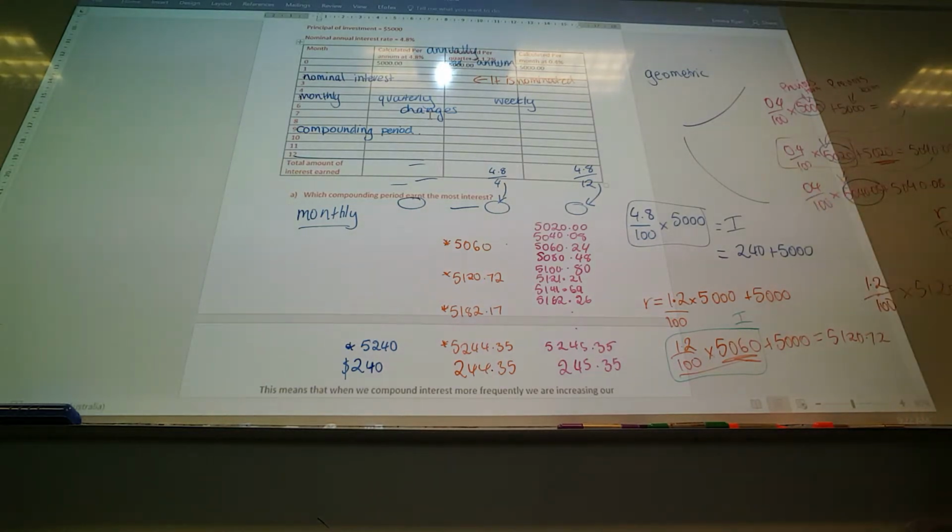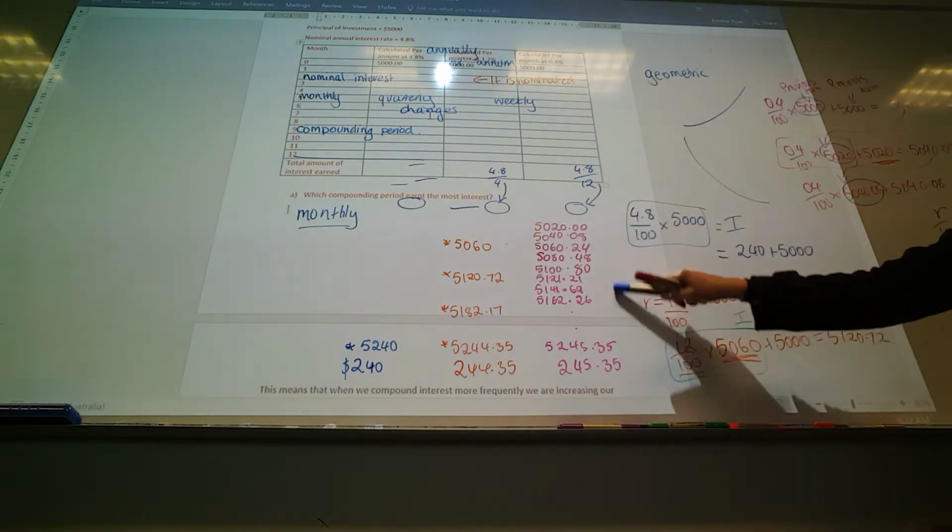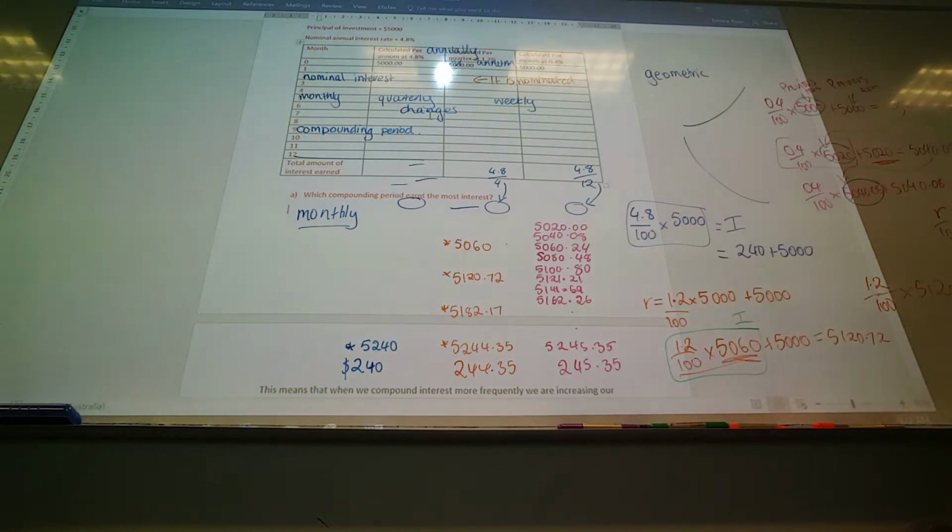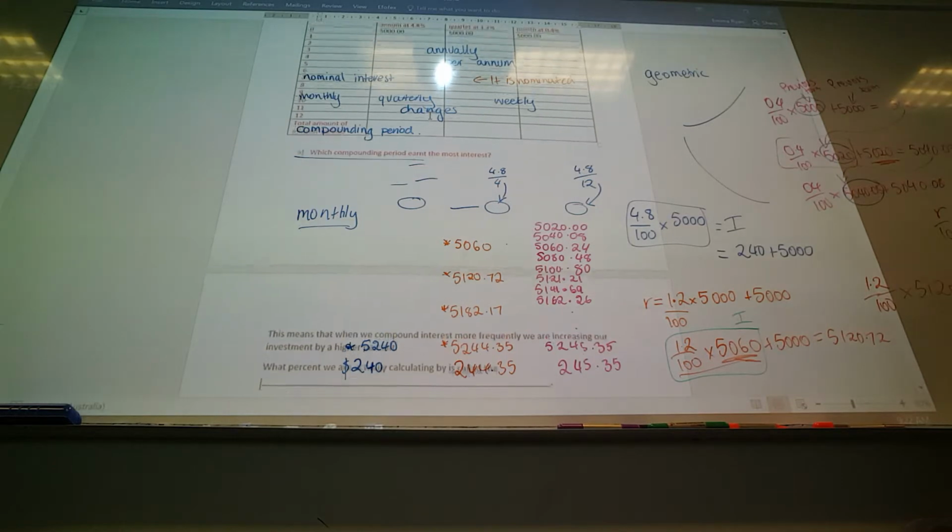No, it just asks which one. All those numbers are in your textbook as well. If you want to continue filling them in or making sure that yours are right, you can check them up there.